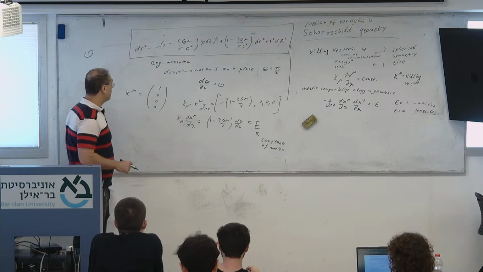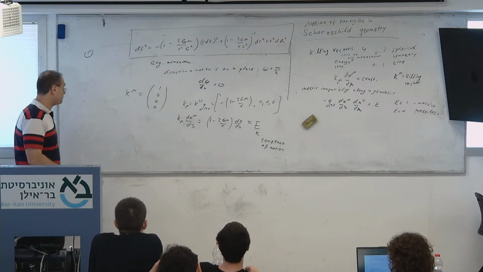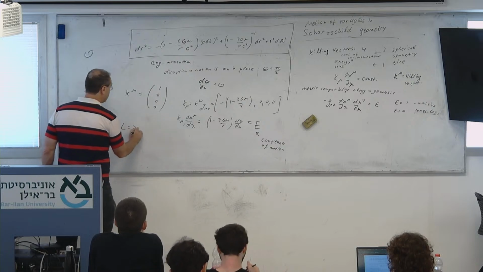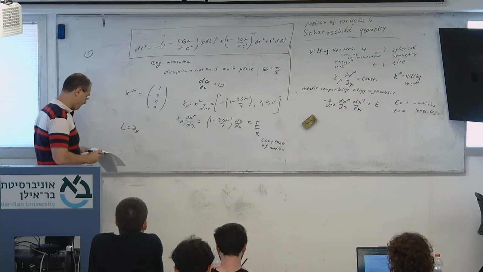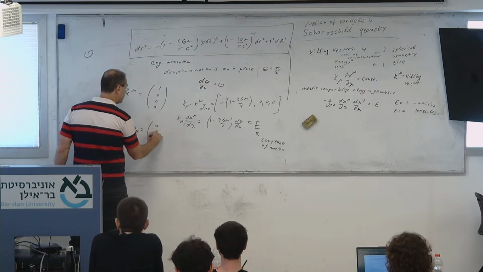What about the angular momentum conservation? The magnitude of angular momentum. So L is 0, 0, 0, 1.